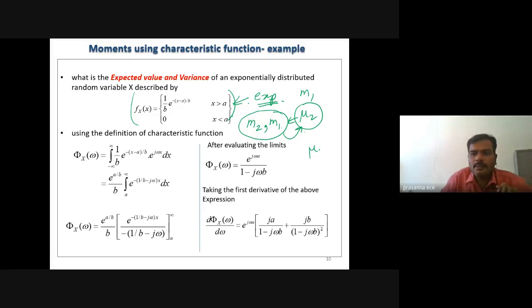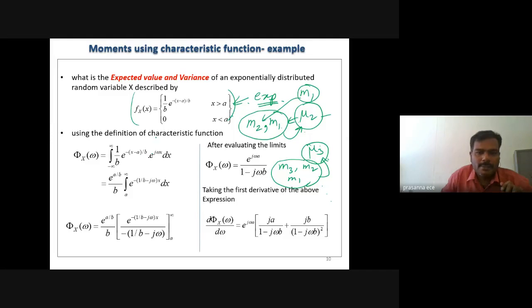For mu3, you need m3, m2, m1. All three you are going to combine and find out mu3. So similarly it goes on. Now it is enough to evaluate m1 and m2. Once we know these two, we can easily evaluate mu2.